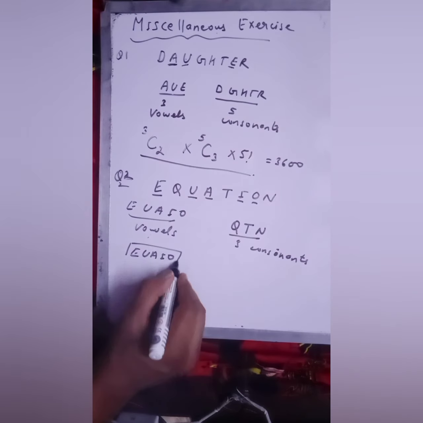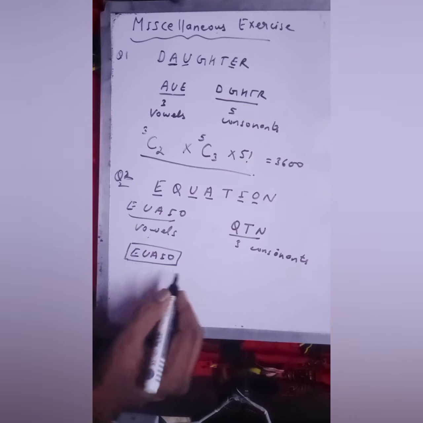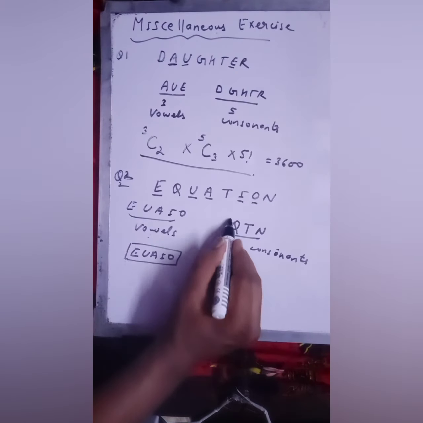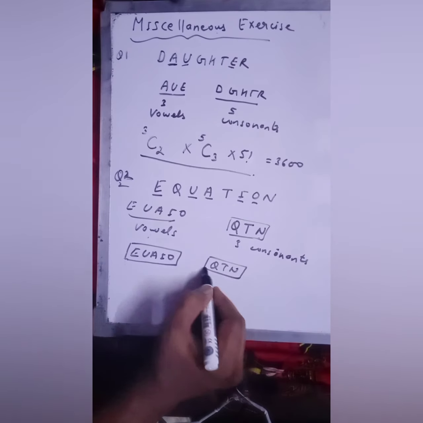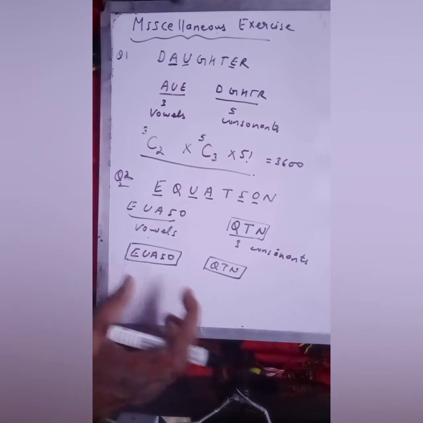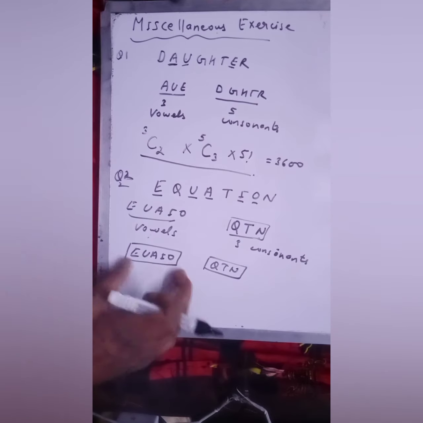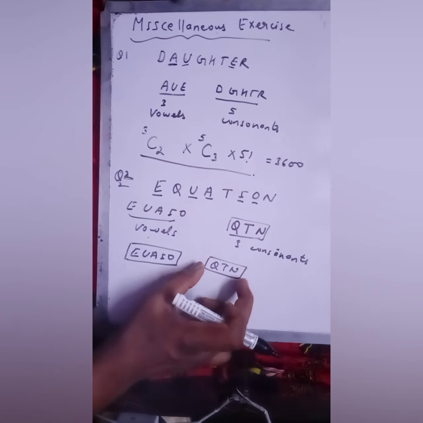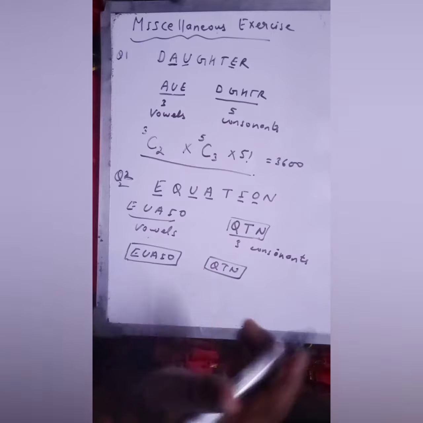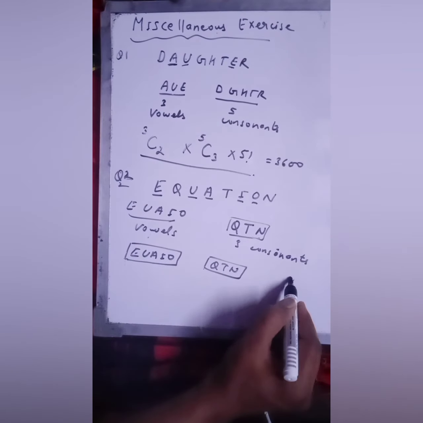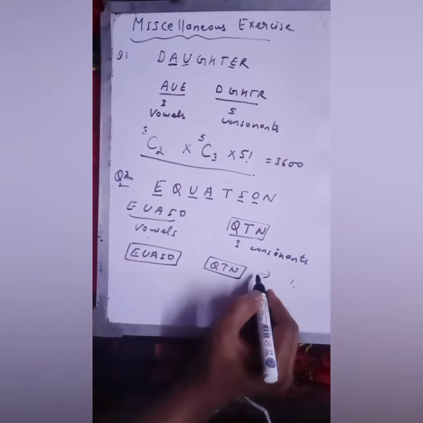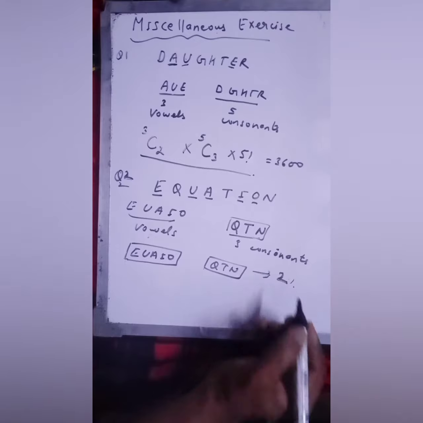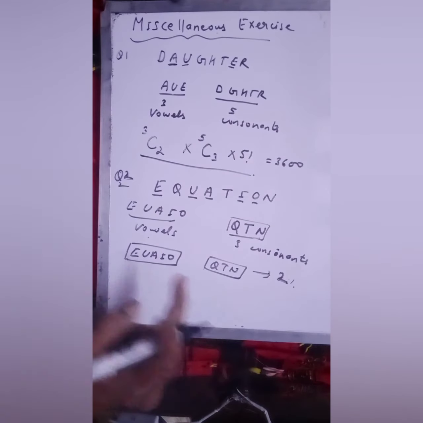This is only one type, one choice. And in the other box, this is QTN, where the consonants come; this is your second choice. You can put vowels first, then consonants, and as a second choice, consonants first, then vowels. So you have 2 choices to shift that. Actually, the pen is not working, just wait.